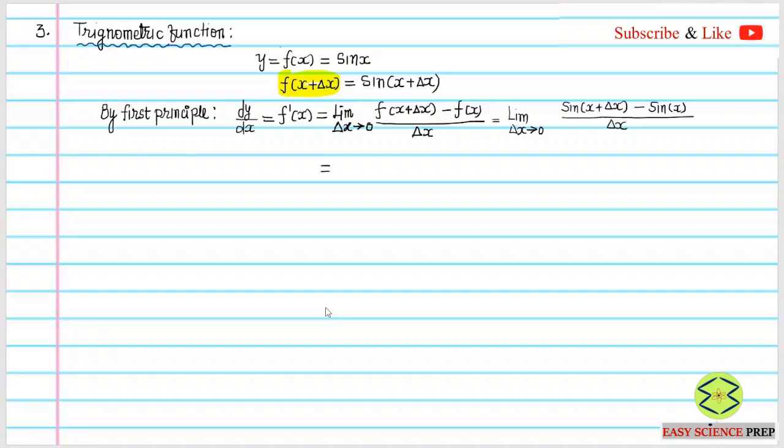Now there is a simple rule for sin A minus sin B. We can follow that rule here itself.